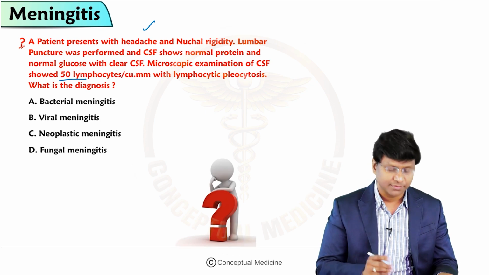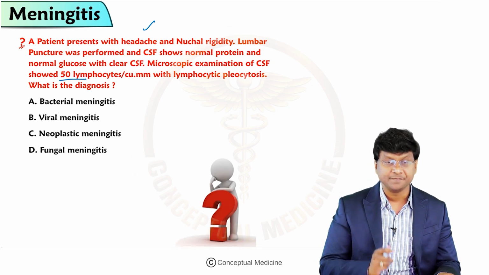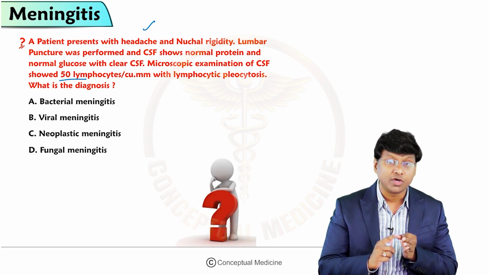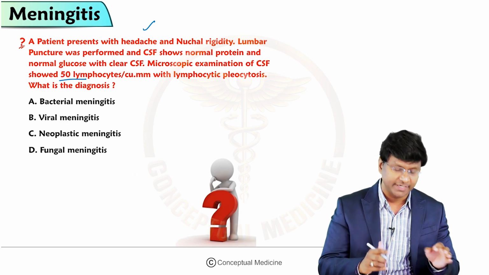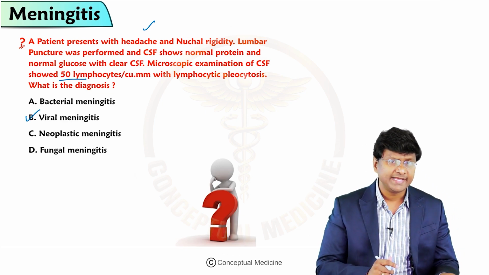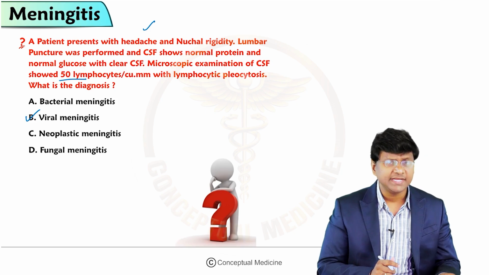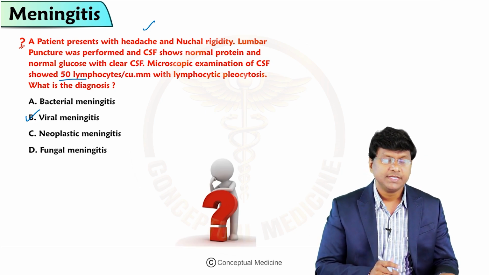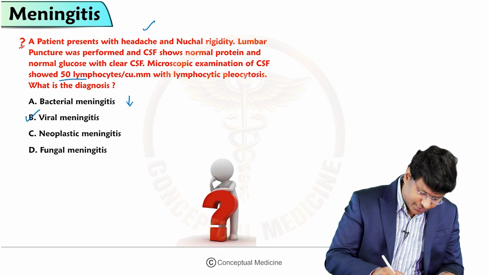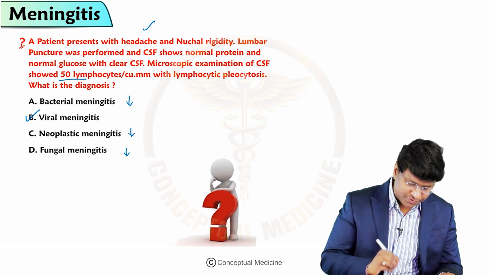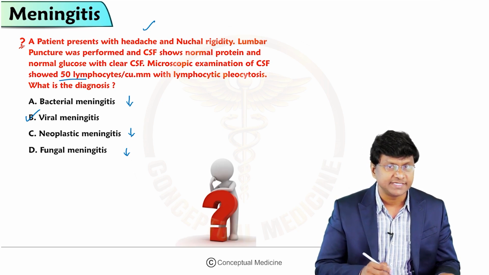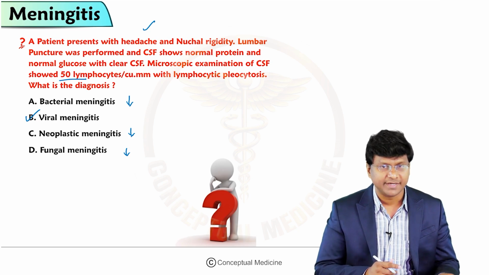We have already discussed the CSF picture: normal protein, clear CSF, normal glucose, but lymphocytic predominance. That can be there in viral meningitis. In other forms of meningitis you don't have normal glucose. In bacterial meningitis, neoplastic meningitis and fungal meningitis, the glucose will be reduced.